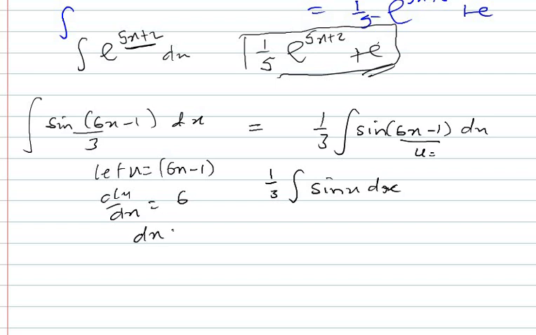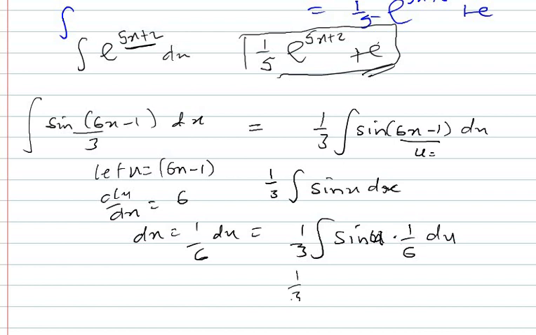Then our dx is equal to 1 over 6 du. So we have 1 over 3 integral of sine u times 1 over 6 du. Since here is u, here is u, we can integrate, and factor out the 1 over 6. That's 1 over 3 times 1 over 6 integral of sine u du.